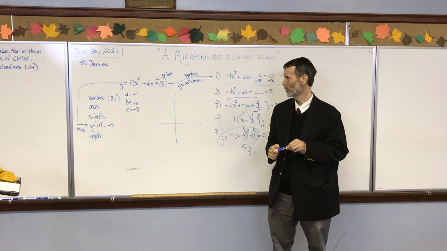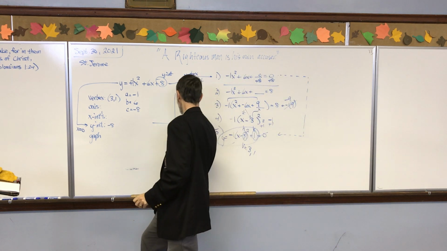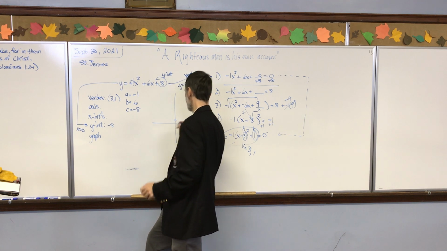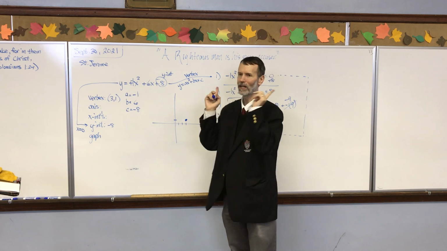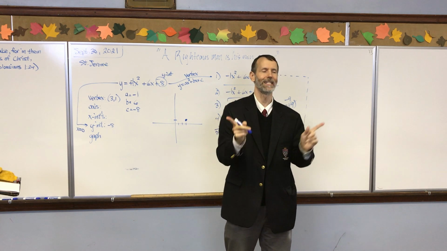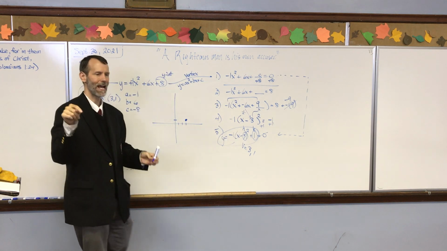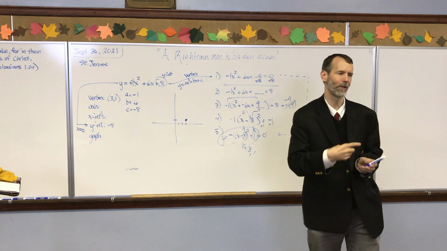Randy, where's the vertex on this thing? Good, 3, 1. And what can you tell me about the height of this thing? Is it opening up or opening down? It's opening down. Does that make sense? The height multiplier is -1, so it's opening down. Blaze, is the height taller, shorter, or normal height?